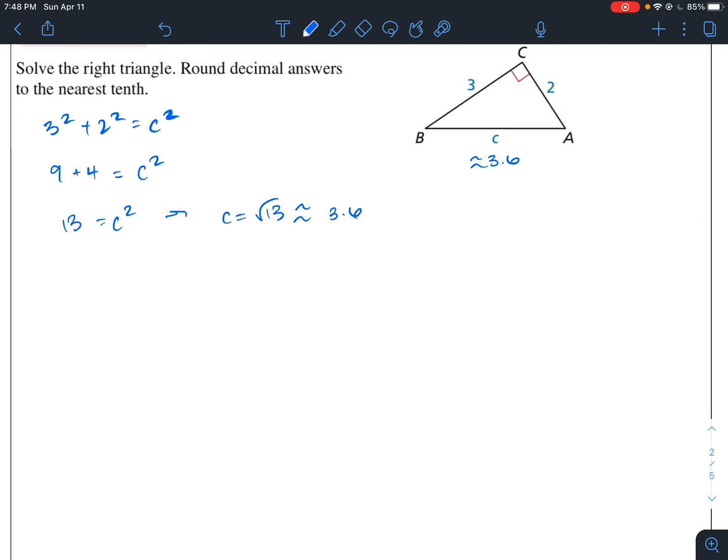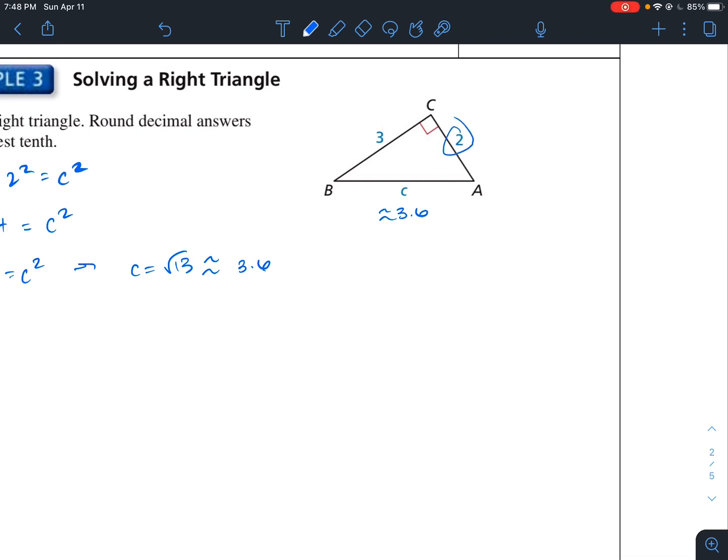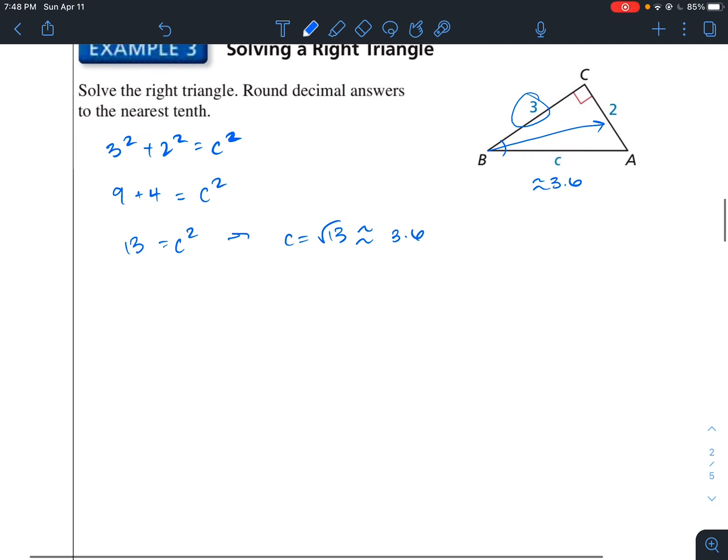So what I could do is notice that I have this side length and this side length right here. Now, relative to angle B, this would be the opposite and the adjacent side. So that means I could use the tangent of B, which would give me the ratio of 2 divided by 3. Now, by doing this, I only have one missing variable, which is the B variable, which is my angle.